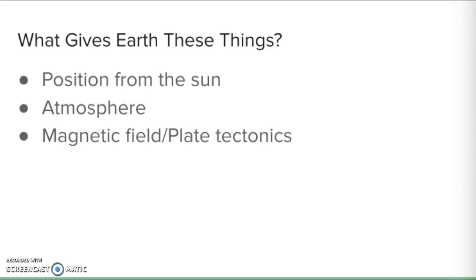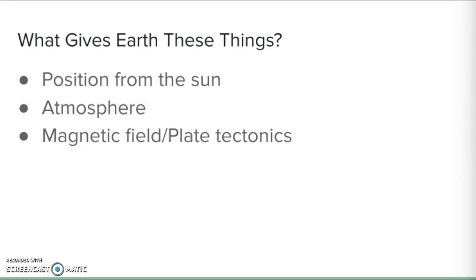And lastly, the magnetic field and plate tectonics play a big part in having this atmosphere, as Earth's magnetic field shields us from the solar wind, which is something that other planets lack, and also helps us keep the atmosphere.